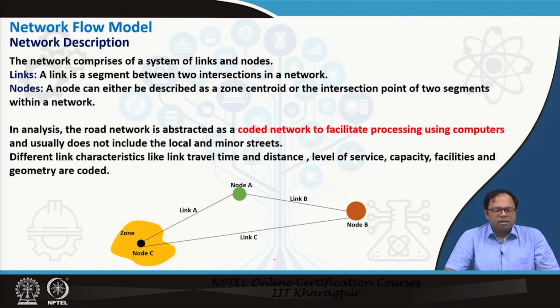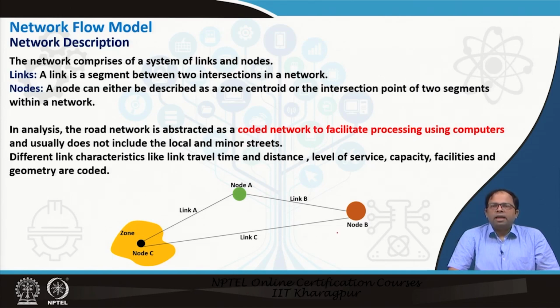In analysis of a road network, this is how we define the links and nodes, and the road network is abstracted as a coded network. What does that mean?